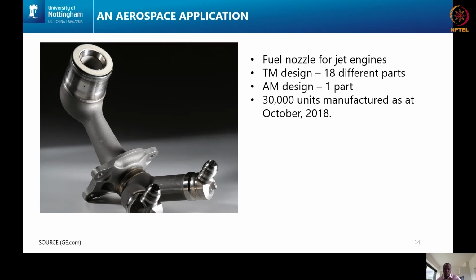Think about the logistic burdens and the production costs that could potentially be eliminated by consolidating that design into one monolithic structure in the build chamber of an additive manufacturing system. It is truly revolutionary.